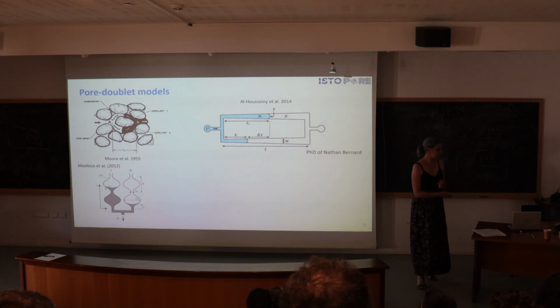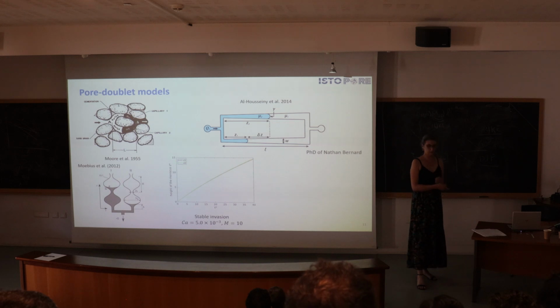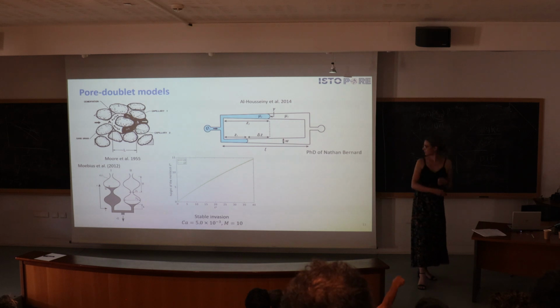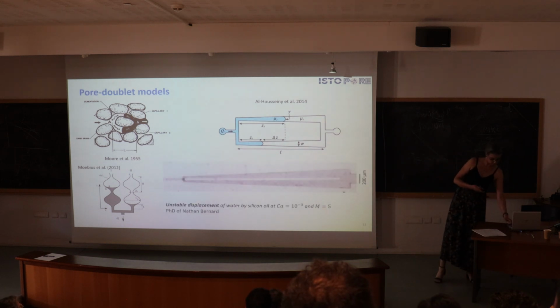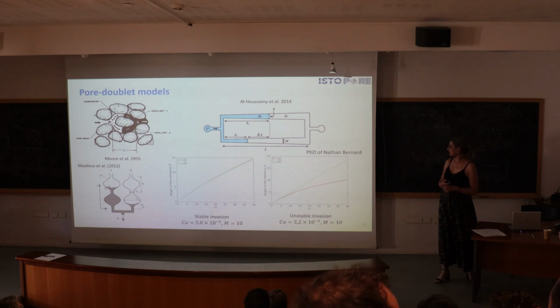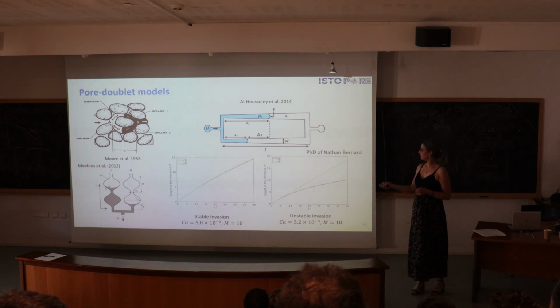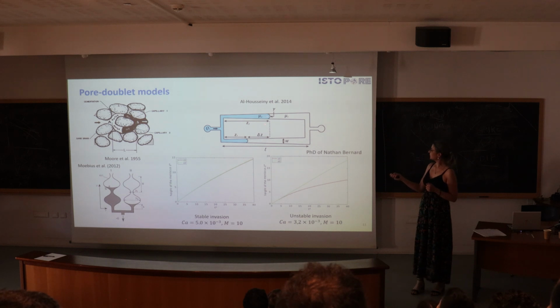What is interesting with this kind of model, as we have seen also this morning, is that you can have models that describe the position of each meniscus in each channel as a function of time.